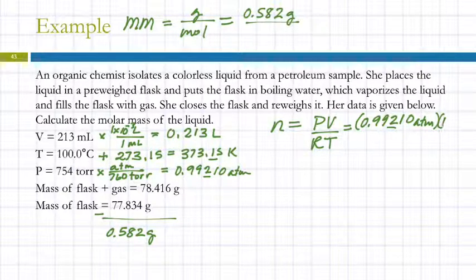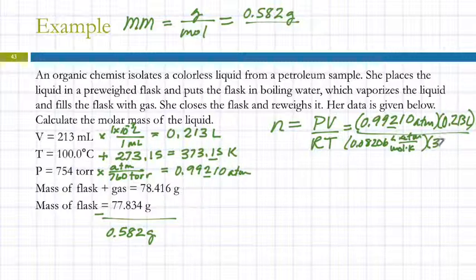I didn't leave myself much room. Atmospheres, liters, kelvins. 0.9921 times 0.213 divided by 0.08206 divided by 373.15.